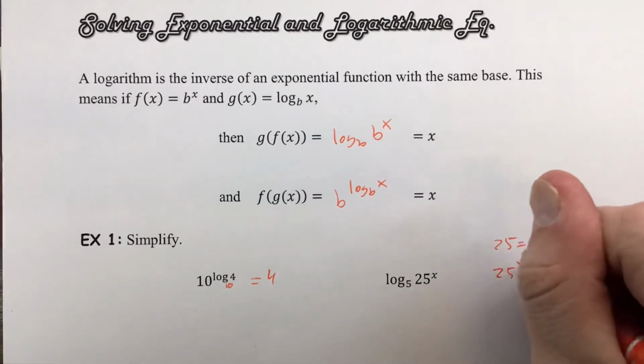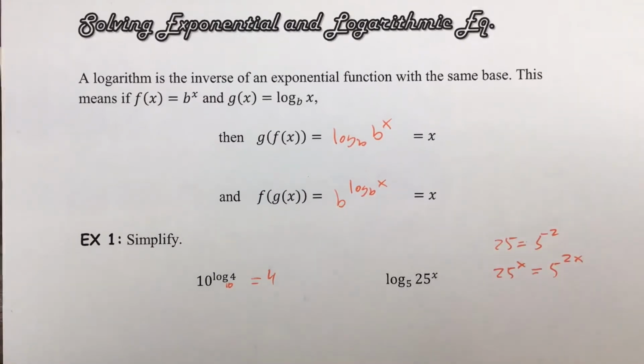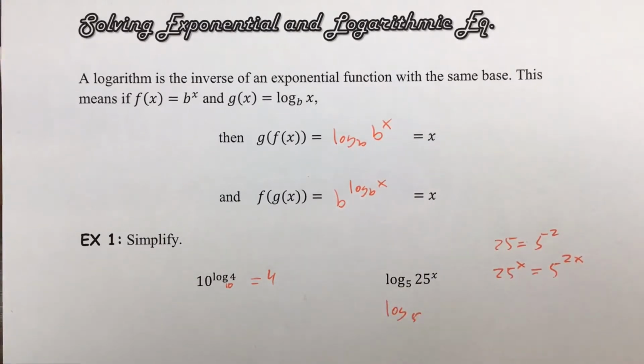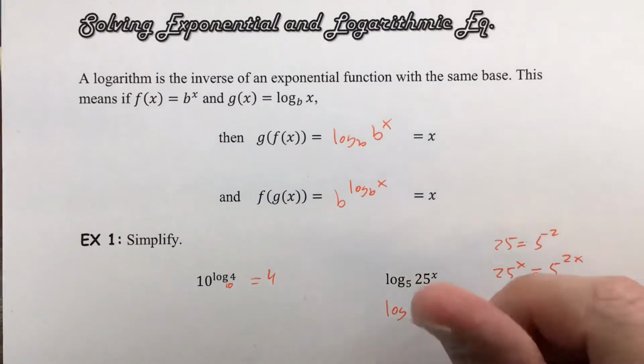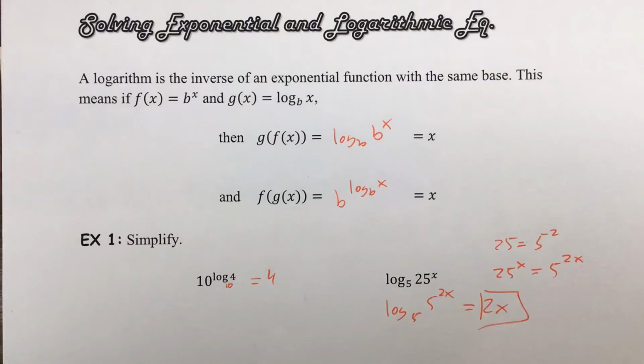So 25 to the x power is going to be equal to 5 to the 2x power. Then we could rewrite this as log base 5 of 5 to the 2x, which is going to simplify down to just 2x.